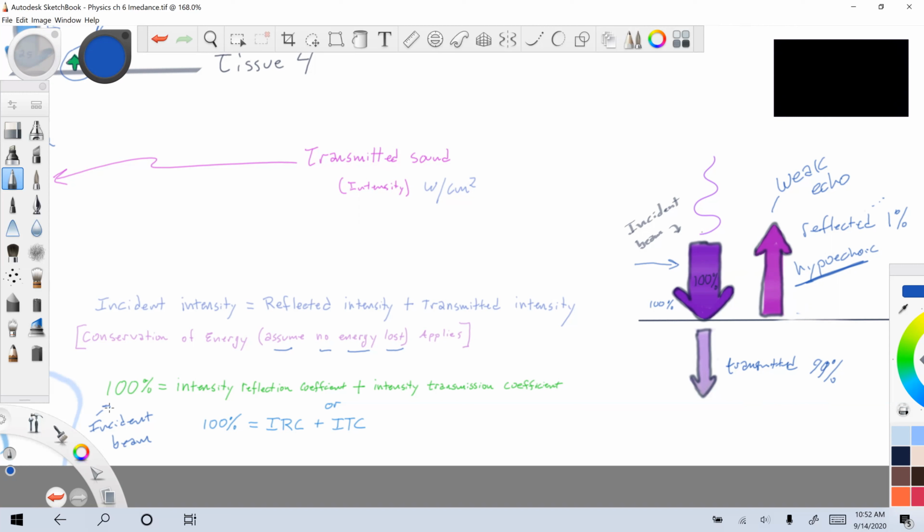But this makes sense though. When you come back over here, this is 100%. And assuming no energy loss, of course, it's the sum of transmitted and reflected.